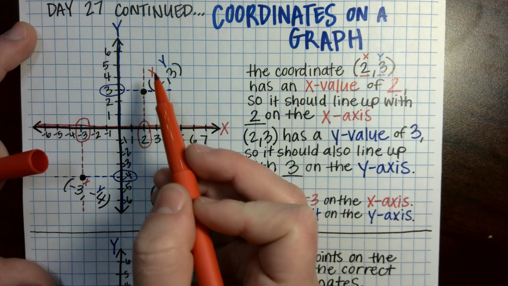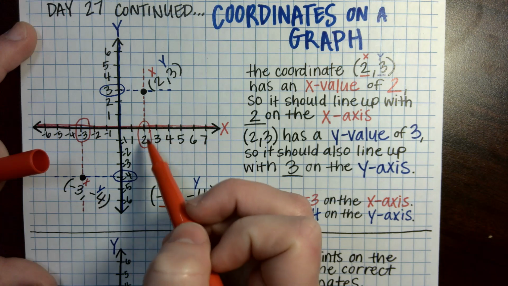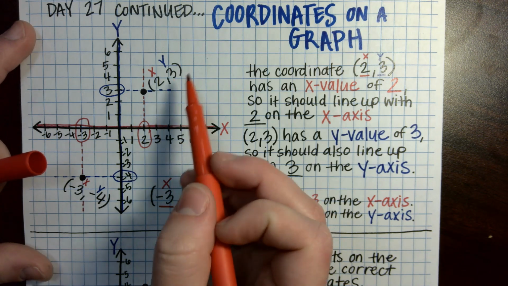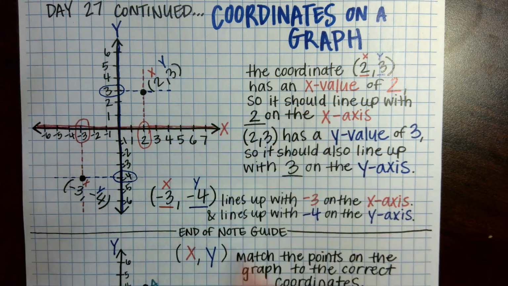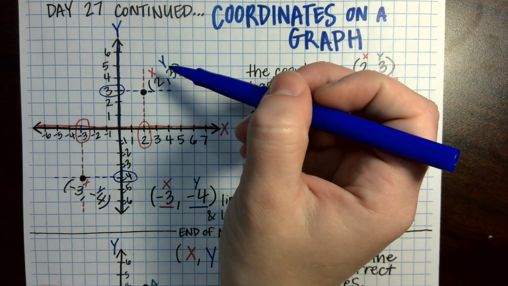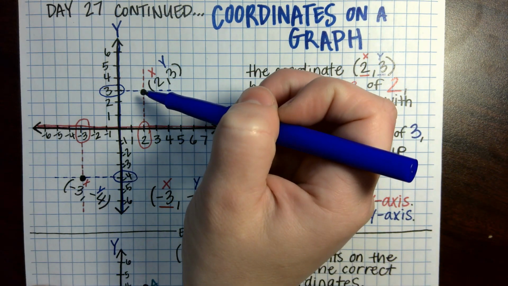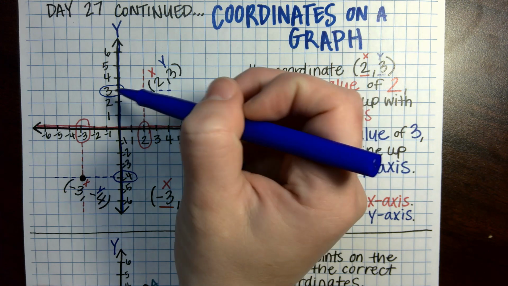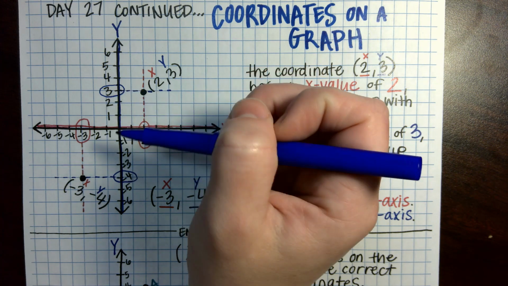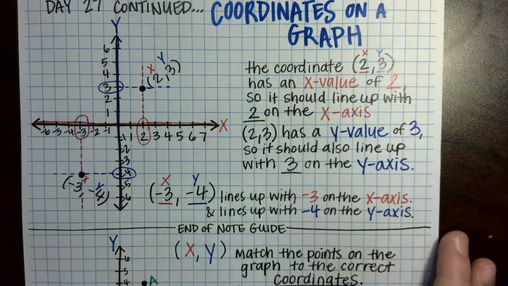The first numbers are x, so it lines up with 2. Next we've got our y value. What's the y value? 3, exactly. So if 3 is our y value, that means our point has to line up with 3 on the y-axis. Again, it's just telling us a location.